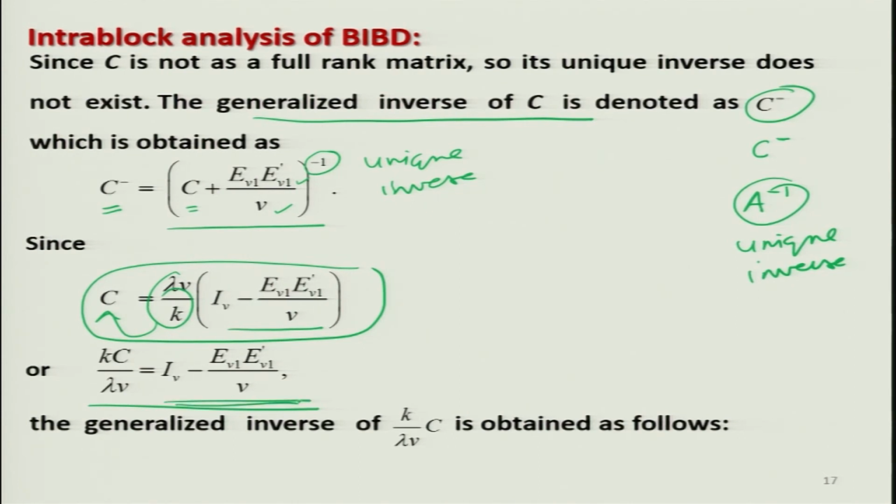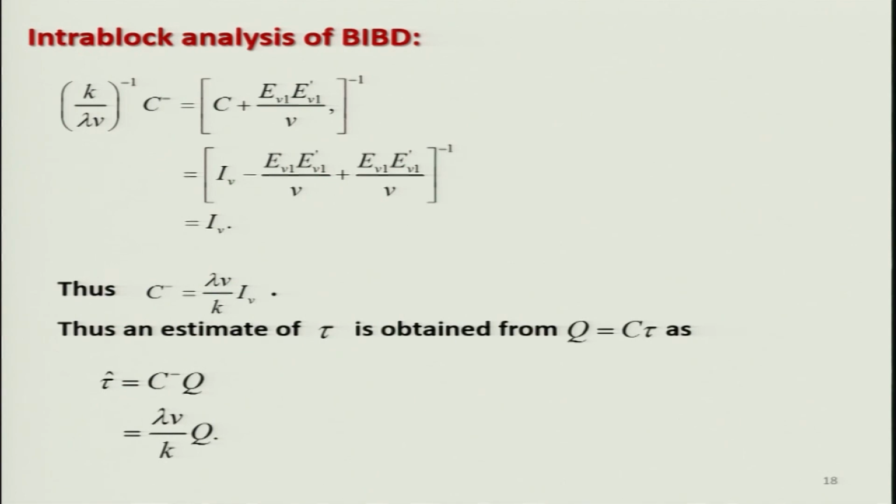Now we try to obtain the generalized inverse of this quantity K upon lambda V C, and remember K upon lambda V is a scalar quantity, so that will have a unique inverse. Then the generalized inverse of C is going to be C plus EV1 transpose divided by V, and its unique inverse.